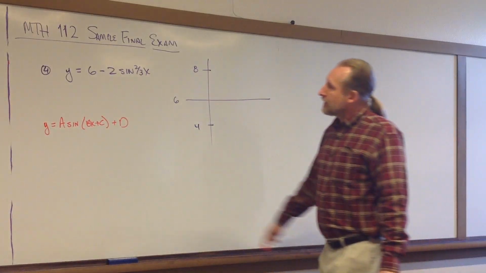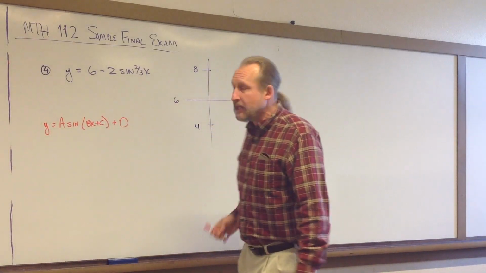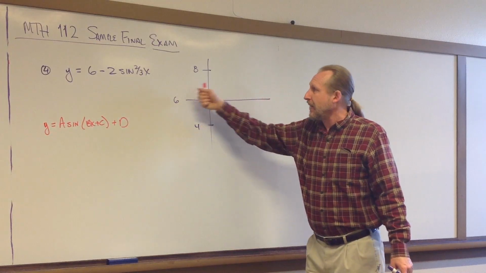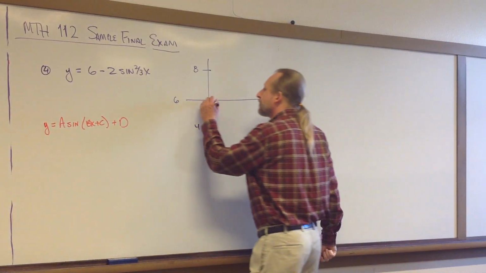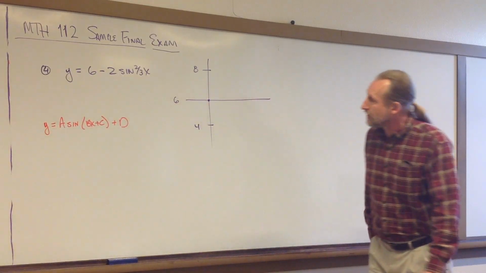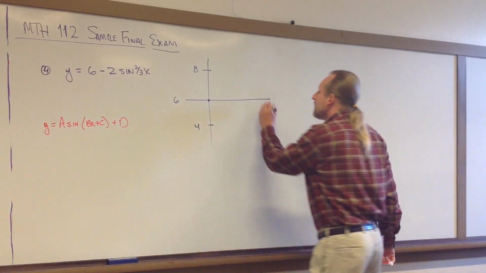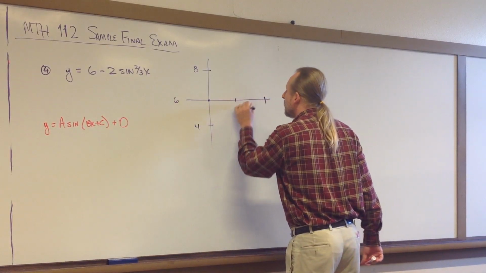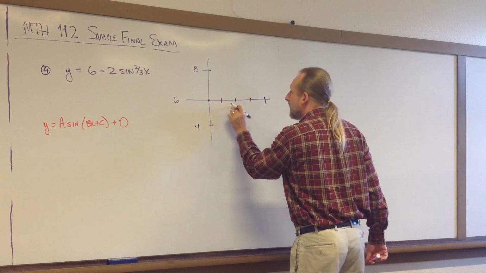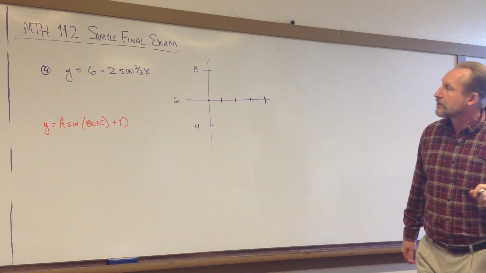Now, notice there's no value for C. That means there's no phase shift back and forth, right? This graph is going to start at 0, all right? What we need to know is what's the period for it, and then we need to split that period up into 4 pieces, okay?